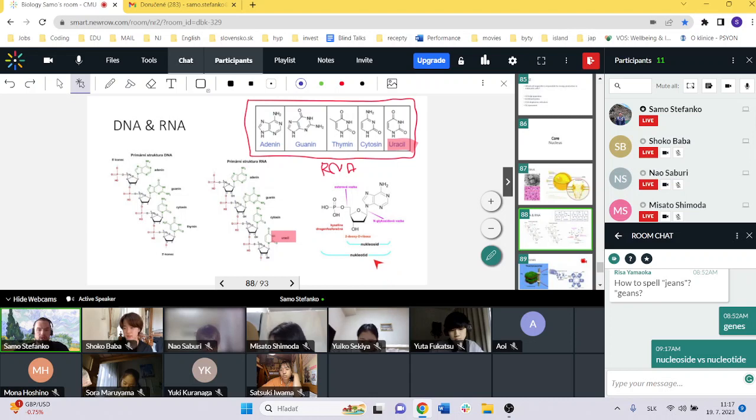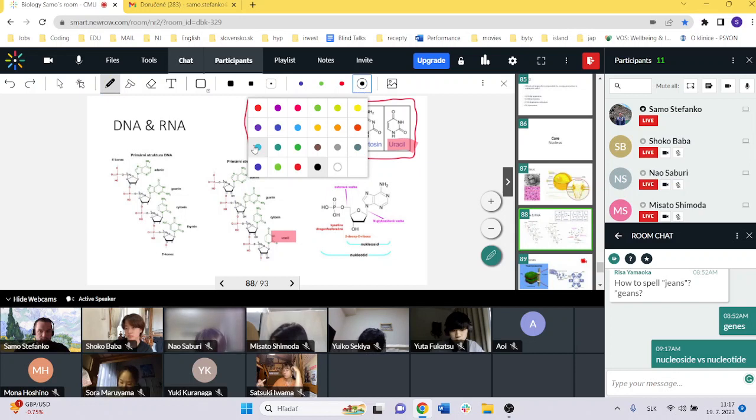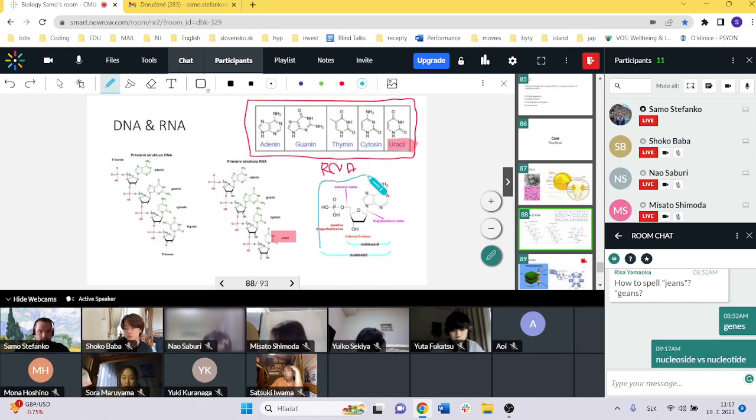As we said, nucleotide is a basic functional structure of DNA and RNA. However, the main difference between nucleotide and nucleoside is this. Nucleotide is everything here: nitrogenous base, 5 carbon sugar, and a phosphate group.